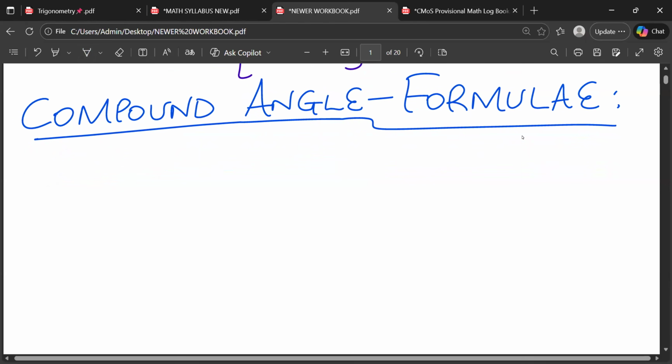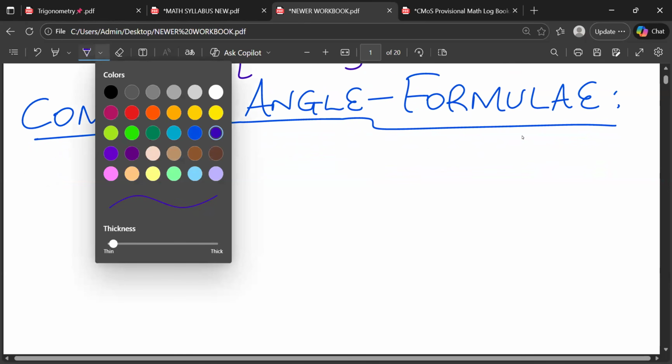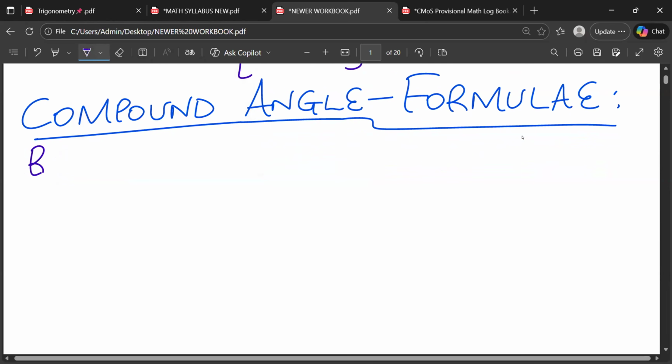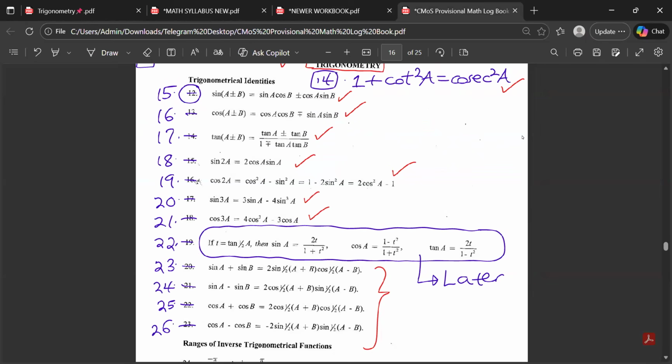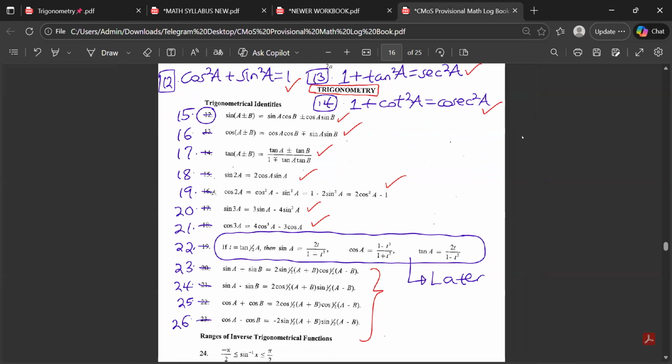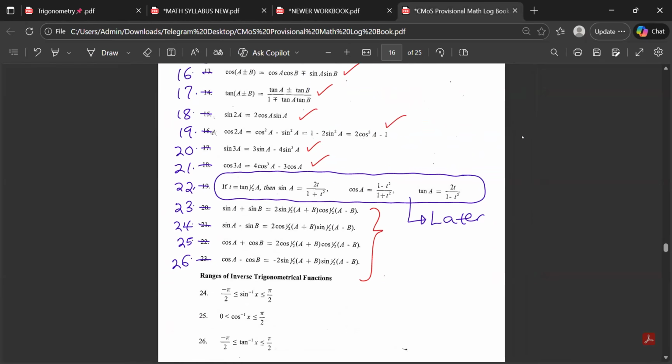So I want to first give a direction or a reference in the logbooks, so that at least people take it seriously to have a logbook if they really want to pass this subject. So I want you to tell me the page you have in that current logbook. You all know trigonometry, formula 12. So where do you have formula 12?